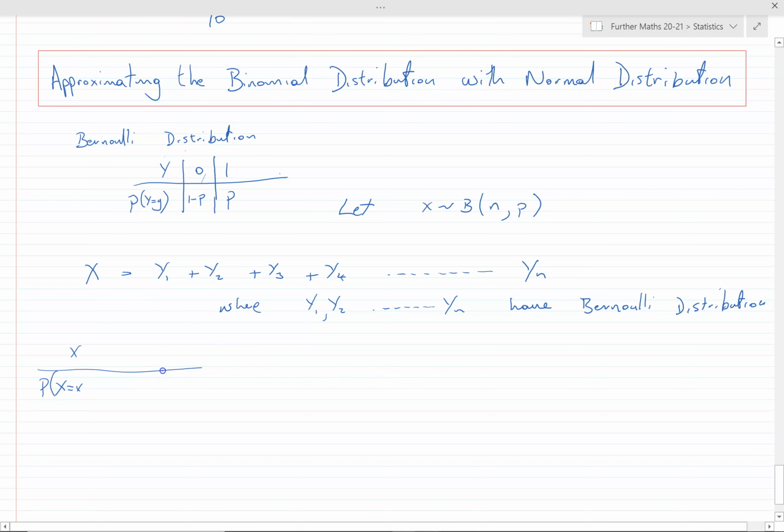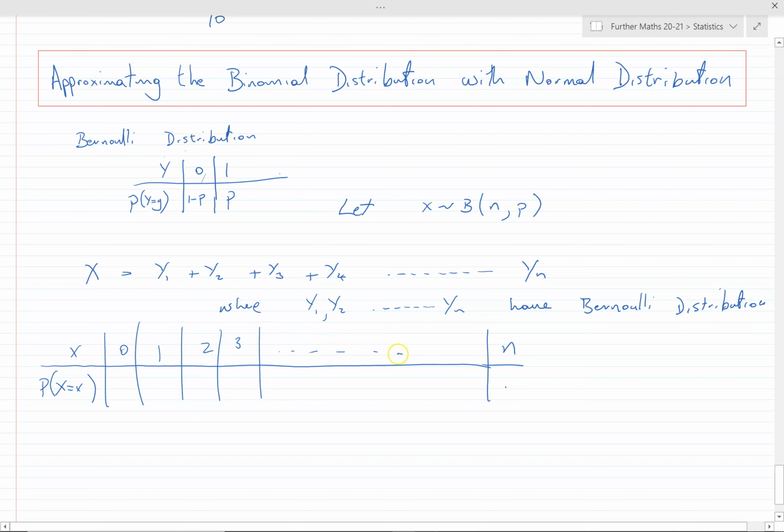If they all, all n things, produced 1, then there would be n here, and we'd have a particular probability. But of course, we could have 0, 1, 2, 3, and the ones in the middle are going to be more likely.